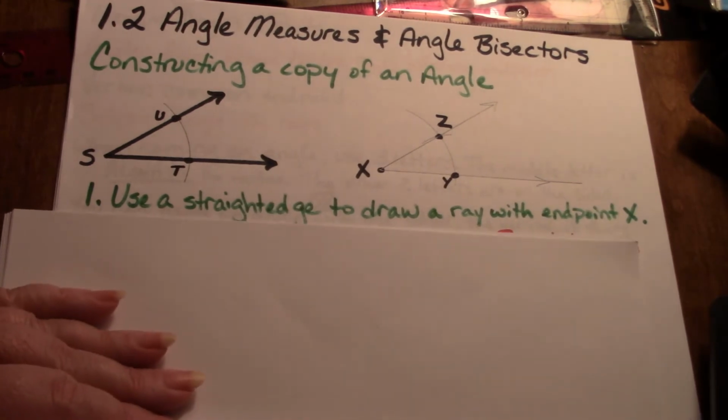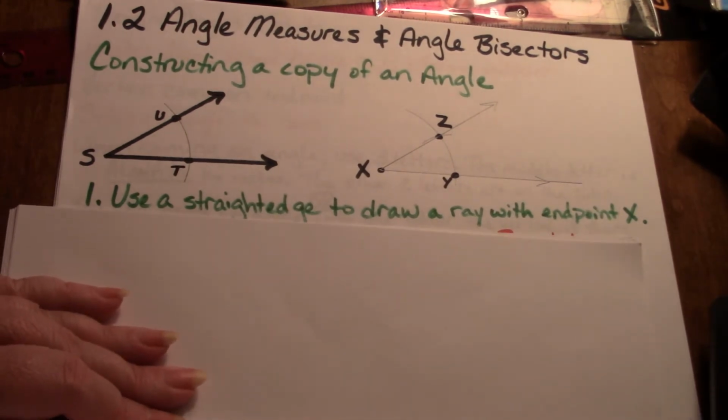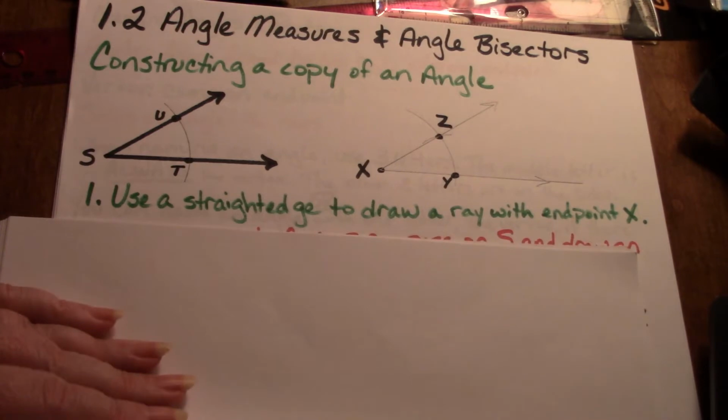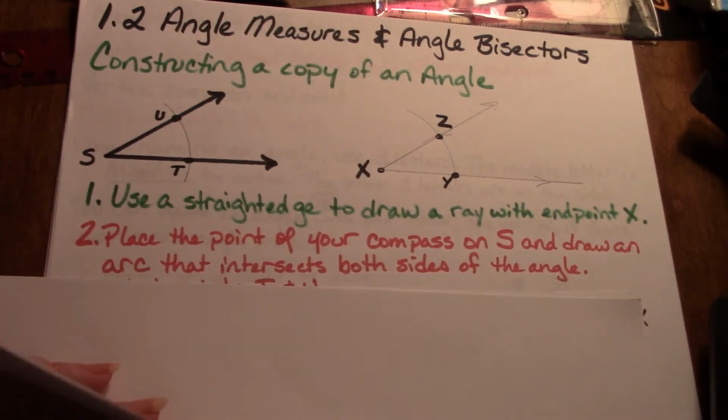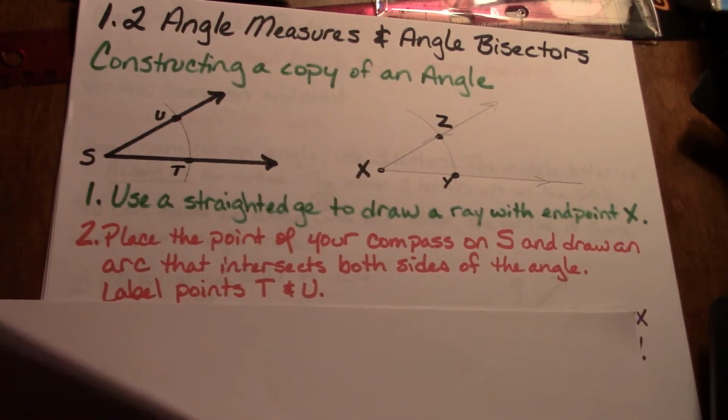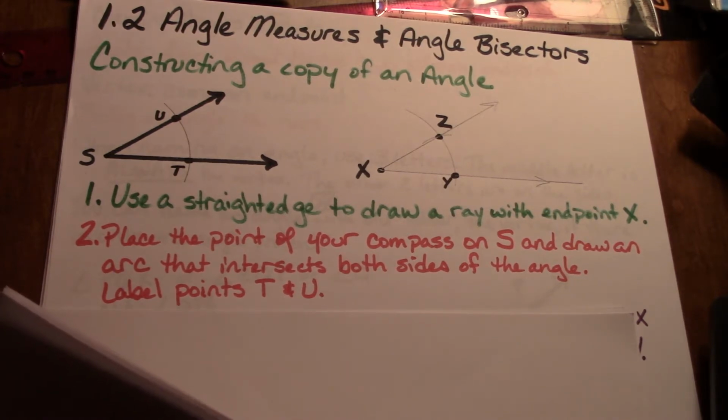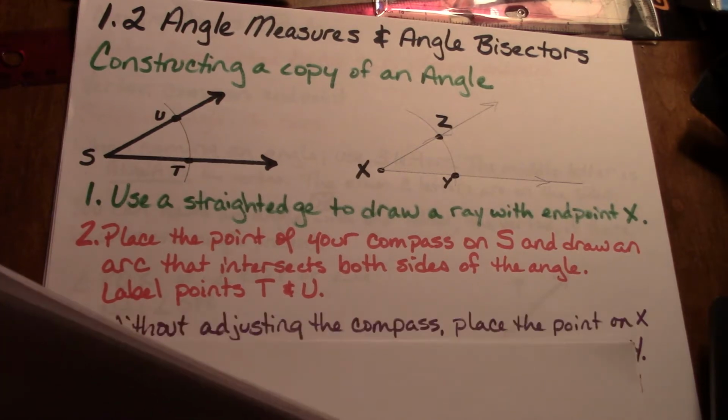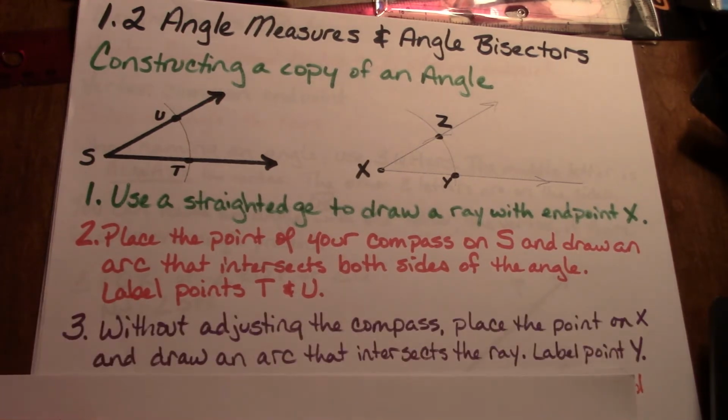We're going to use a straight edge to draw a ray with an end point X. We're going to place the point of the compass on S and draw an arc that intersects both sides of the angle. And we're going to label points T and U. Then without adjusting the compass, we're going to place the point on X and draw an arc that intersects the ray.